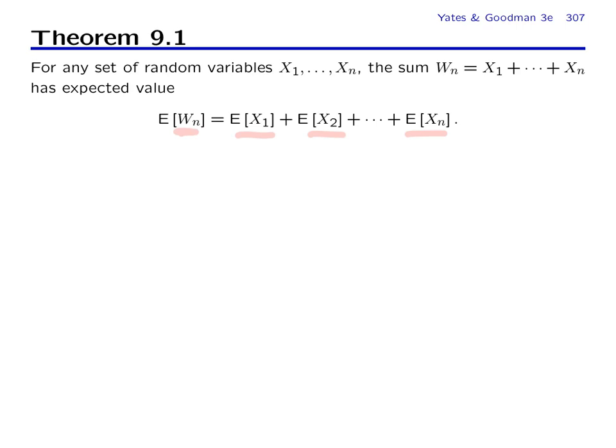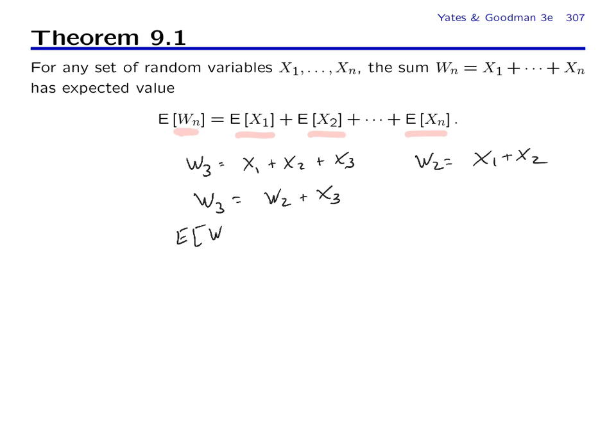To see what I mean, consider W3, which is equal to X1 plus X2 plus X3. But we know also that W2 is equal to X1 plus X2, so in fact W3 is equal to W2 plus X3. And now W3 we have written as the sum of two random variables, so we know that its expected value is the expected value of W2 plus the expected value of X3.